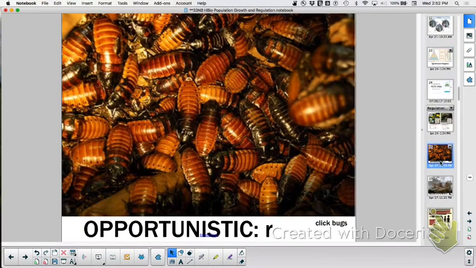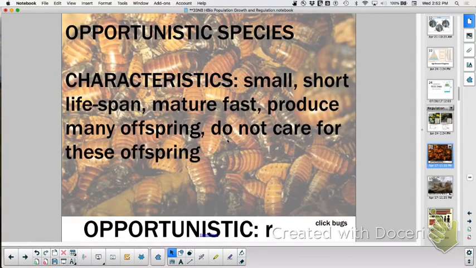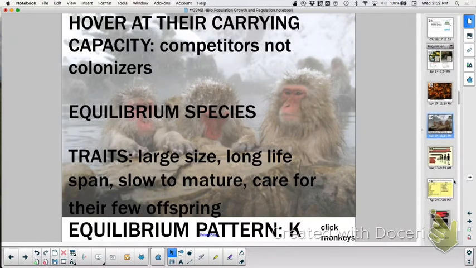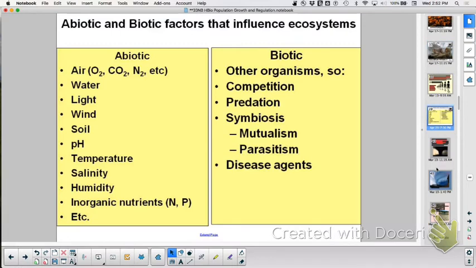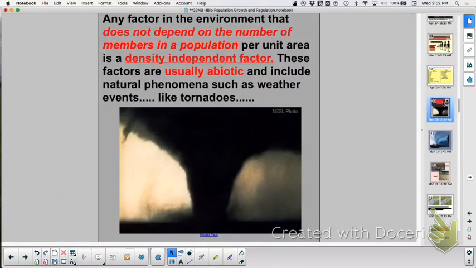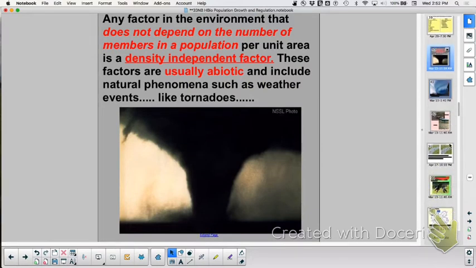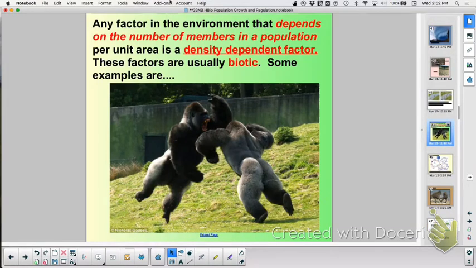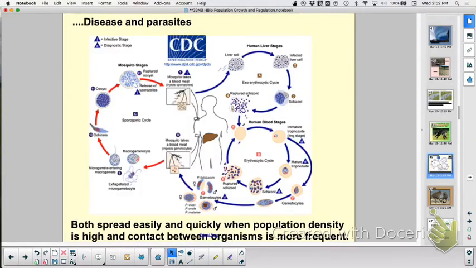We talked about opportunistic species and their characteristics versus the equilibrium pattern. We talked about both abiotic and biotic regulating factors. We said density independent is non-living, things like weather, whereas density dependent factors are living things, things like competition and disease and predation.